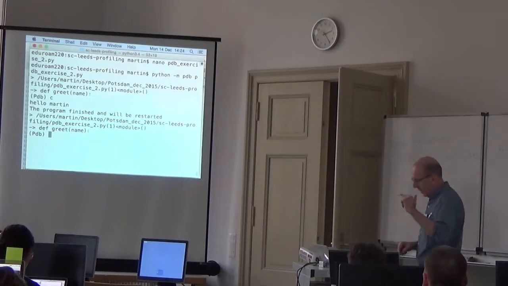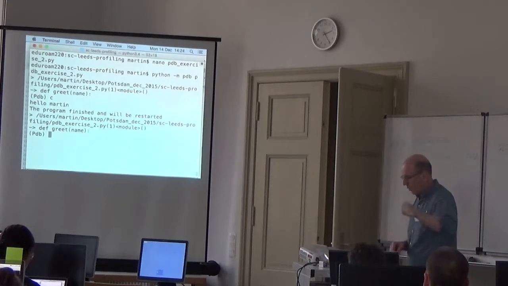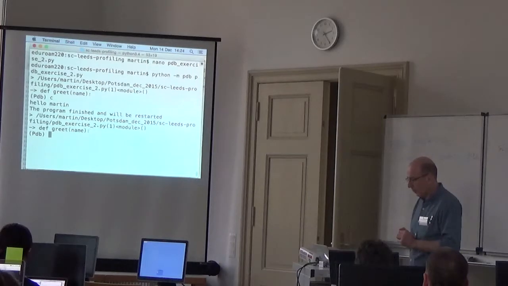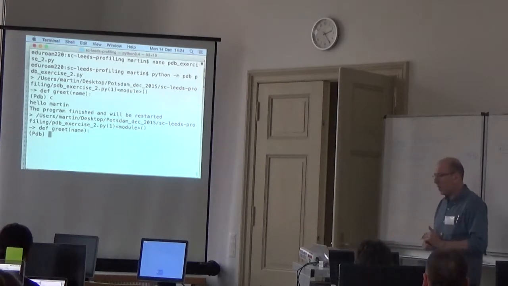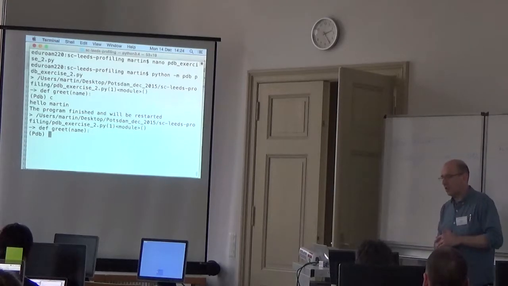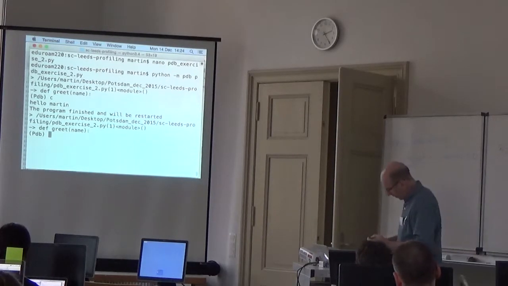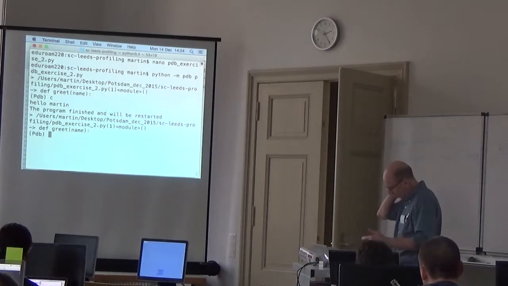Basically the program has run from beginning to end, printed out that greeting, and then restarted itself. So it's put us back to the pdb prompt. Running it once allows us to see how the program behaves. It takes us back to the start, and then we can step through it a line at a time to explore behaviour. So let's use n again to walk through the script.